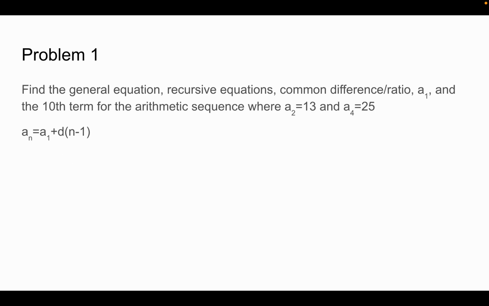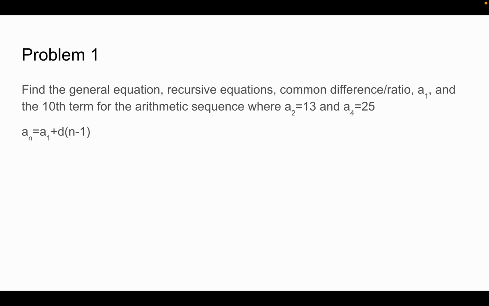Problem 1: we have to find the general equation, recursive equation, common difference or ratio, a1, and the 10th term for the arithmetic sequence where a2 equals 13 and a4 equals 25.